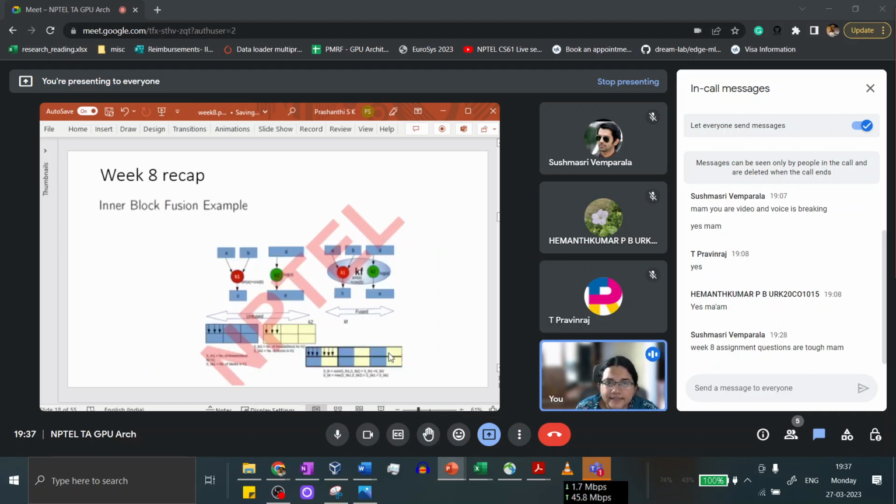This pictorial representation gives you a good idea. The blue and the yellow, when fused, form your block, and some threads in the block do the work of the first kernel and some threads do the work of the second kernel. Notice that they are independent kernels, so you can actually do this.